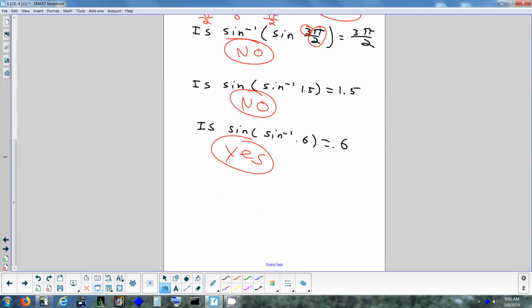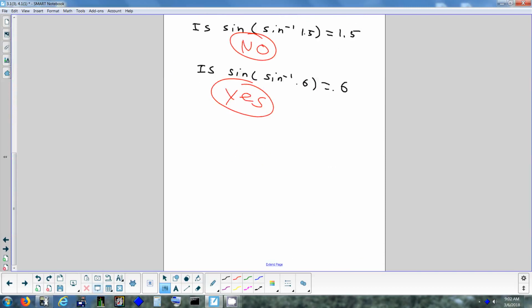Okay. The only other way you could see a question like this worded to make it a non-yes/no question is something like this. Instead of saying is and then giving you something, they might say simplify the sine of the inverse sine of 0.6.